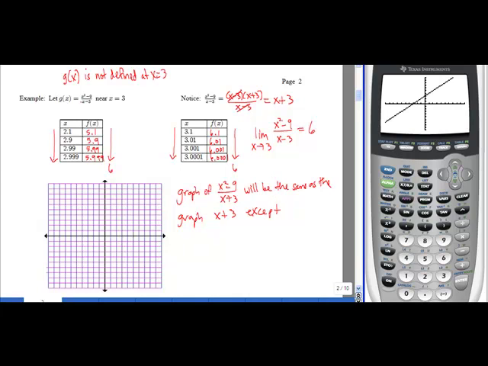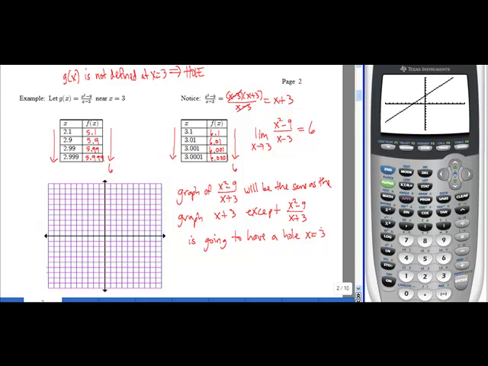Remember the way that this function was defined. When you plug in 3, the function isn't defined at 3, which means that we're going to have a hole in our graph. So these two graphs are exactly the same graph, except x squared minus 9 over x minus 3 is going to have a hole at x equals 3.